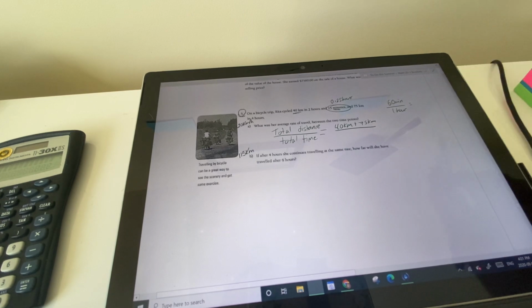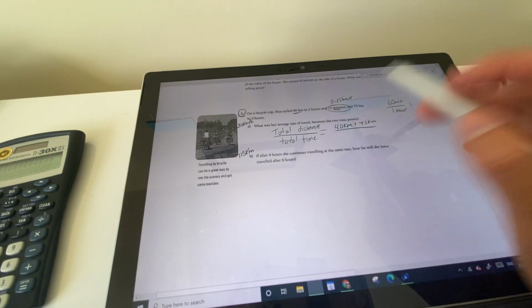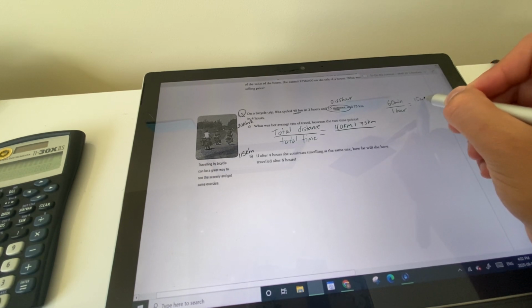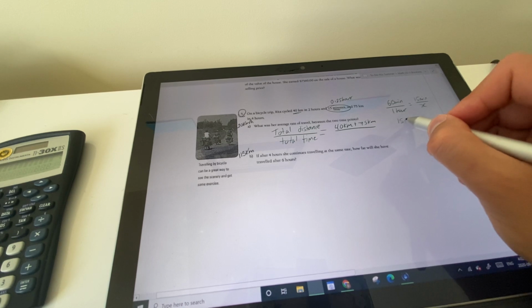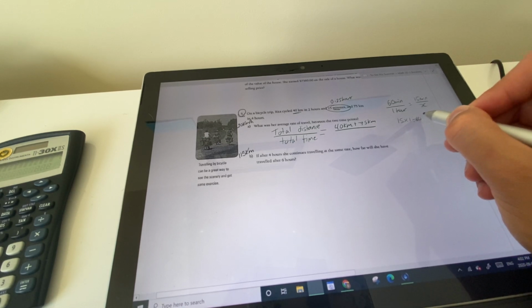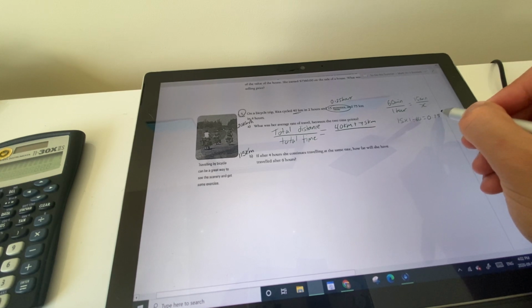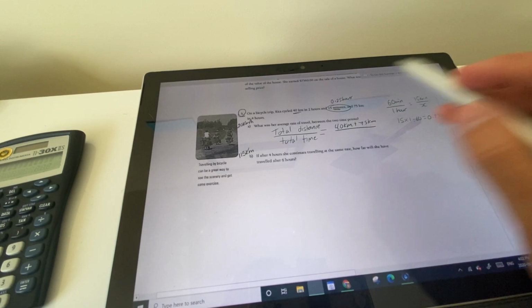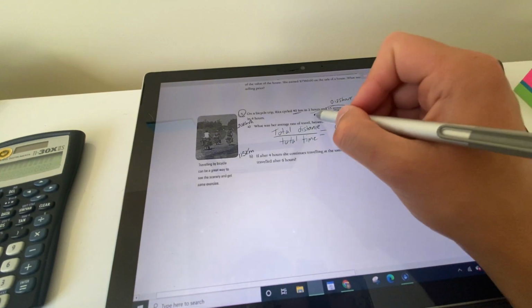Now you have an awesome rate here. We can use this rate. We're going to put minutes on the top, so 15 minutes here, x on the bottom. You would cross multiply divide, 15 times 1 divided by 60, and you're going to figure out that x equals 0.25 hours.